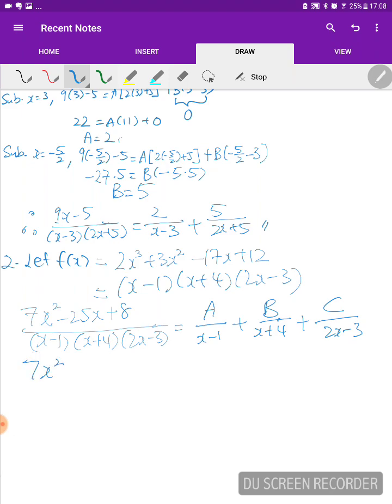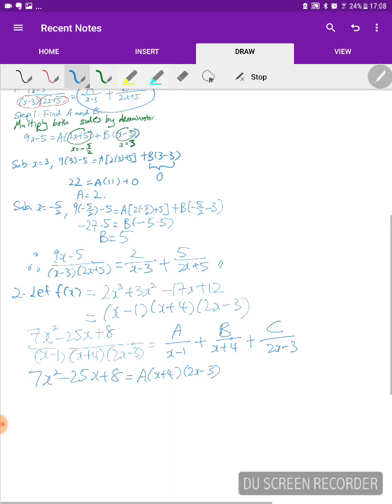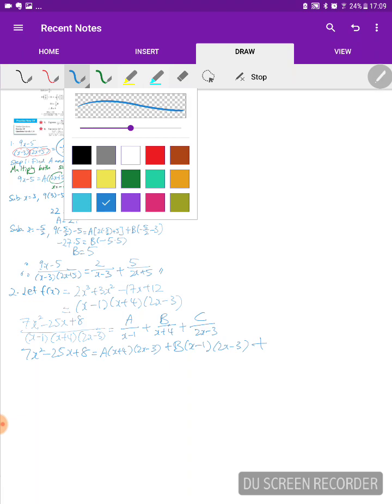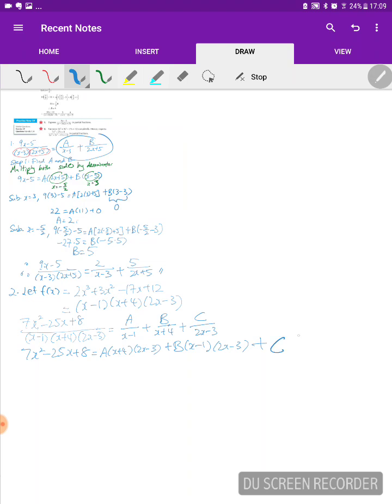So you have 7x squared minus 25x plus 8 equals A(x minus 1) you cancel away, so you're left with (x plus 4)(2x minus 3), plus B, you're left with (x minus 1)(2x minus 3), plus C(x minus 1)(x plus 4).